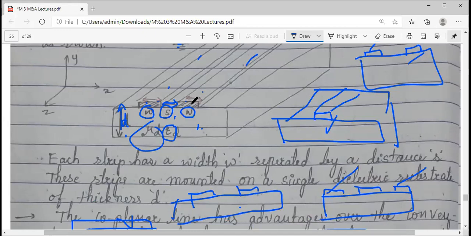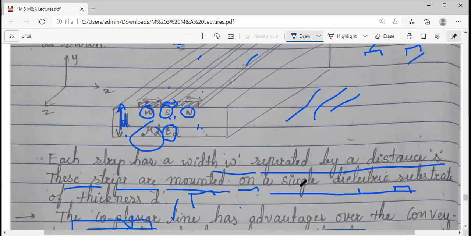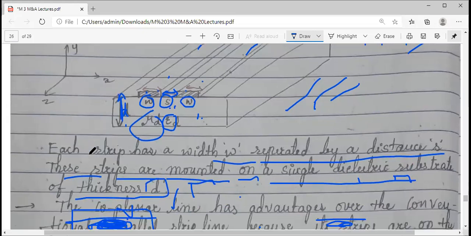So there are different variants of how you can mount these strip lines. This is one configuration that I have shown you. Now coming to the details, it has its own geometry, with width W, and the spacing between the two strip lines is S. These strips are mounted on a single dielectric substrate which has the thickness D.